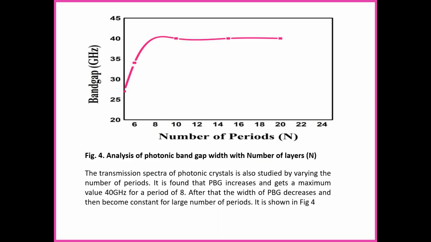Now, number of periods. We can also tune the photonic band gap with the number of layers. In the first trial, we used 5. Now, when we increase the number of layers, what happens to the photonic band gap?